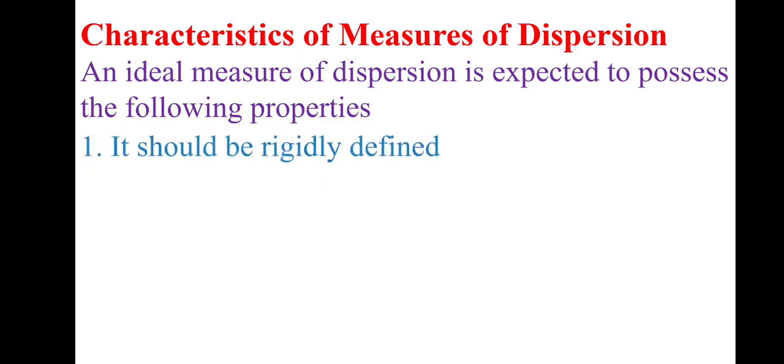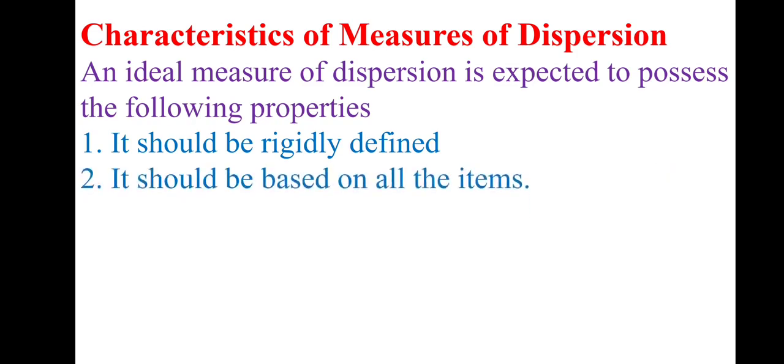What are the properties? It should be rigidly defined. That means properly defined. Any information will be expressed numerically, in numbers, in a proper way. It should be based on all the items.